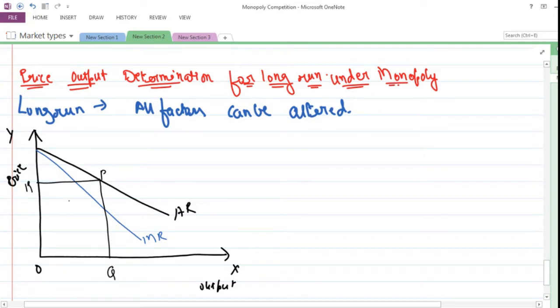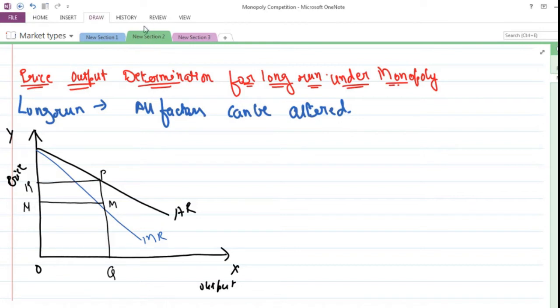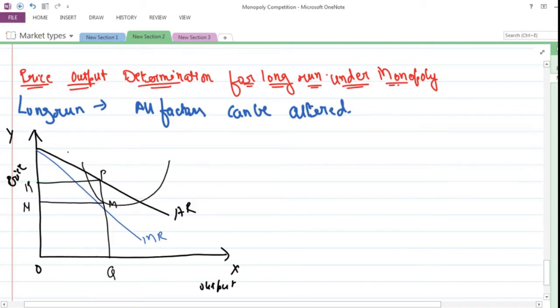The cost of the firm is at this level, that is point M, and N. MN is the cost that a firm incurs. The long run average cost curve lies at this stage, and the long run marginal cost is at this stage.